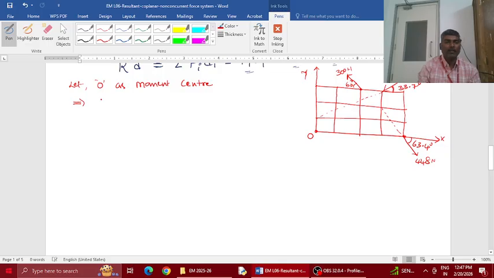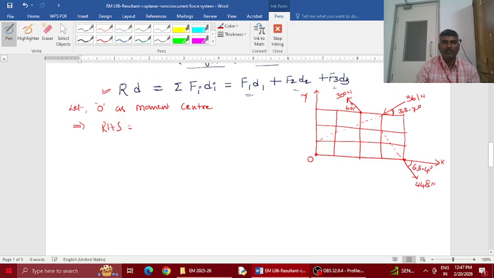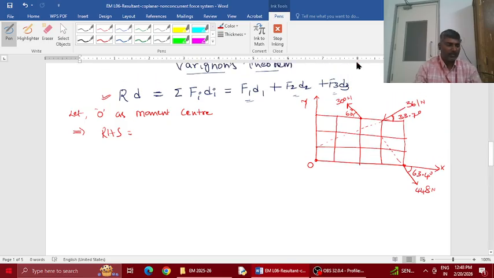Now find the right hand side of this equation. I'm not going to take the force directly into the perpendicular distance. See, this is the force and this is a perpendicular distance. I'll take the components and find the total right hand side value.